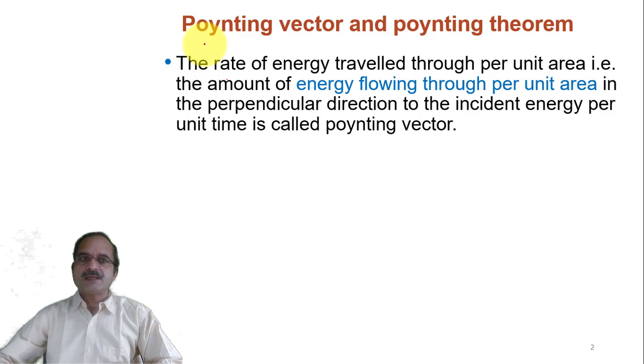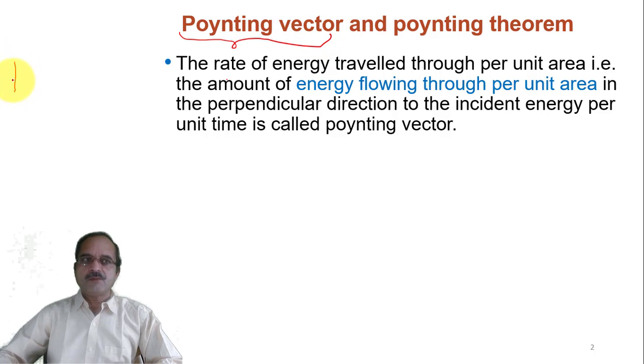Now, what exactly is a Poynting vector? Now we have a transmitting antenna here, and the signal is propagating from the transmitting antenna to the receiving antenna.